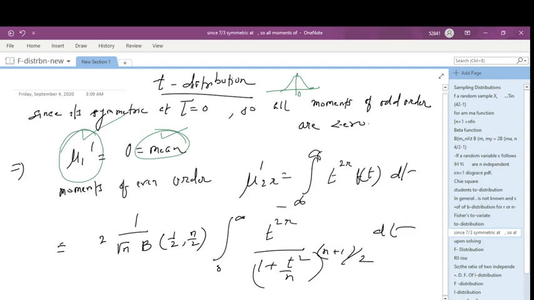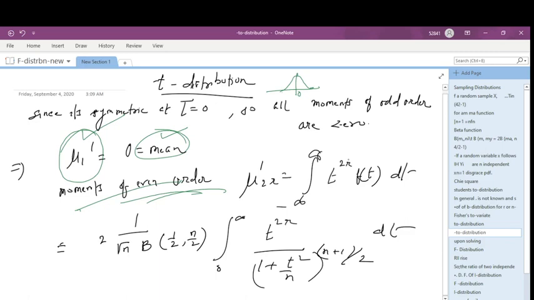And moments of even order are represented as mu dash 2r, because 2r is an even number, and 2r plus 1 is an odd number. So this is represented as the integral from minus infinity to infinity of the variate to the power 2r times f(t) dt.